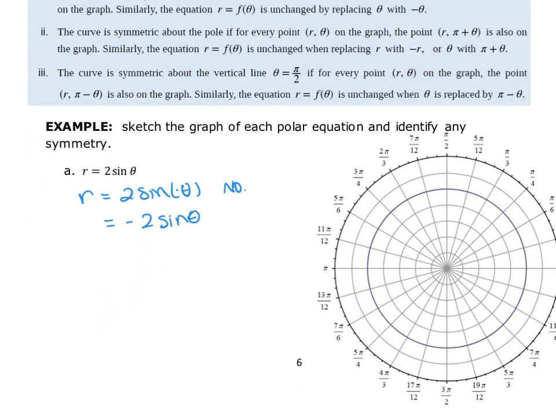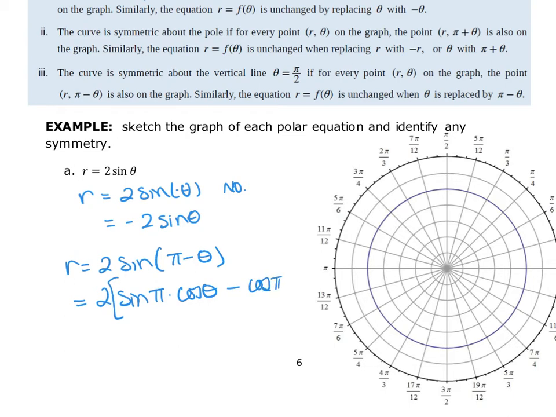Okay, so this one's going to be a little bit of work. So I have r is equal to 2 the sine of pi minus theta. So using my sum and difference, I have the sine of pi times the cosine of theta minus the cosine of pi times the sine of theta. Now, the sine of pi is going to make that go to 0. The cosine of pi is negative 1.